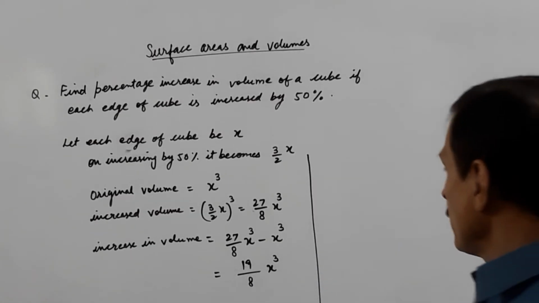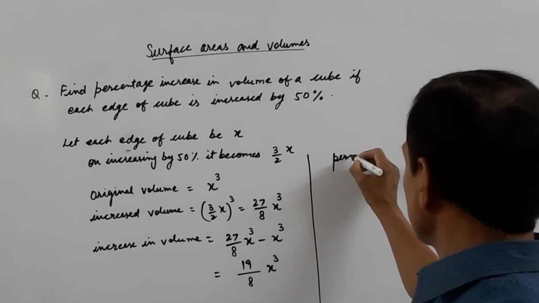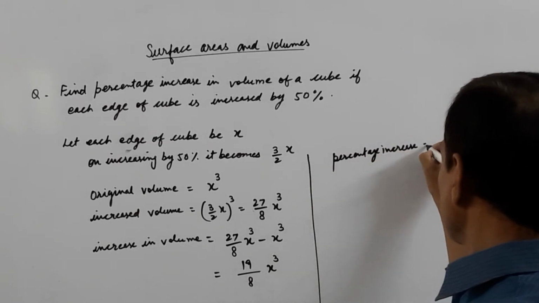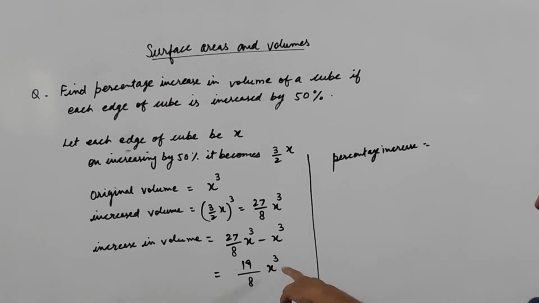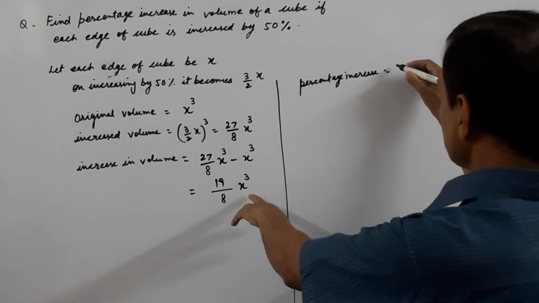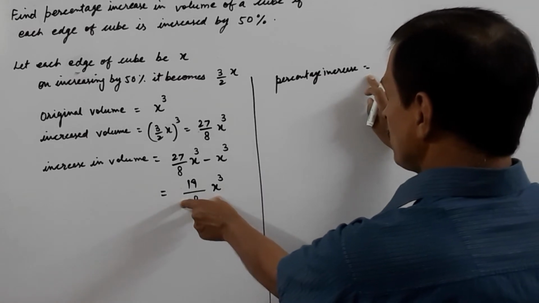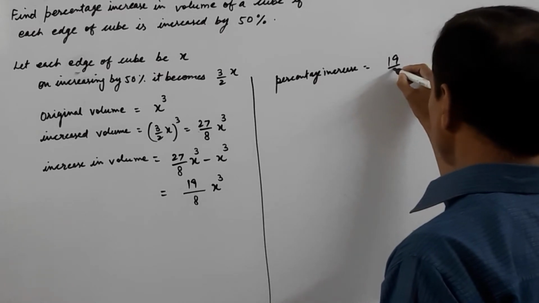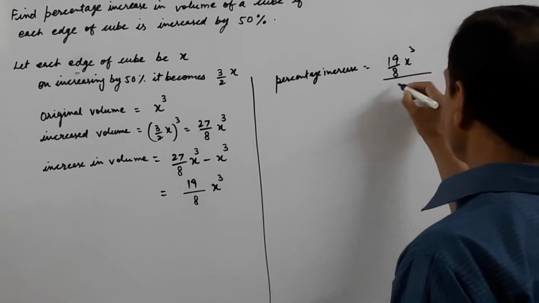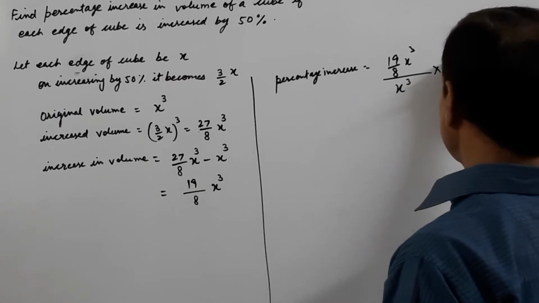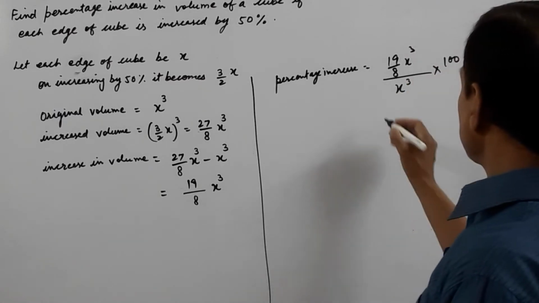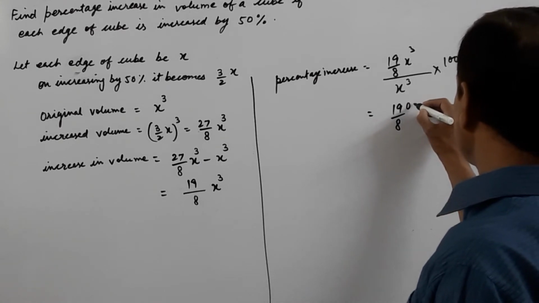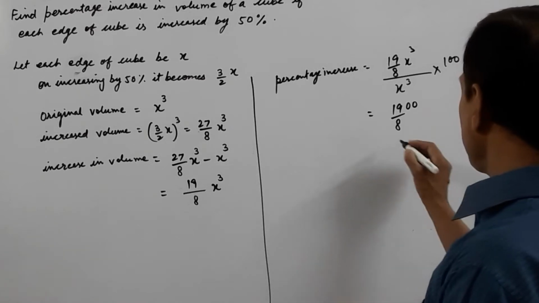Therefore, the percentage increase is equal to increase in volume divided by original volume. So 19 by 8 x cube upon x cube multiplied by 100, that is equal to 19 upon 8 into 100, so 1900 upon 8.